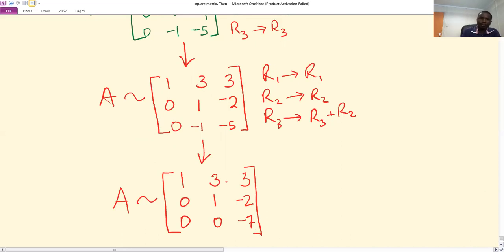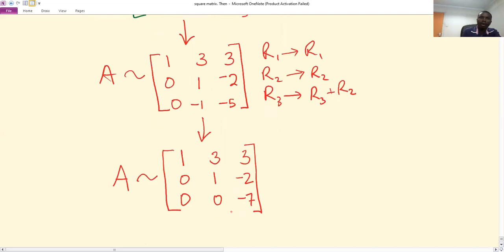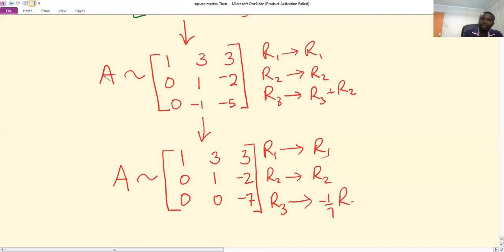Now remember we can make this one to be 1 by simply multiplying by negative 1 over negative 7. So row 1 is row 1, row 2 is row 2, and row 3 we say to be negative 1 over 7 row 3.